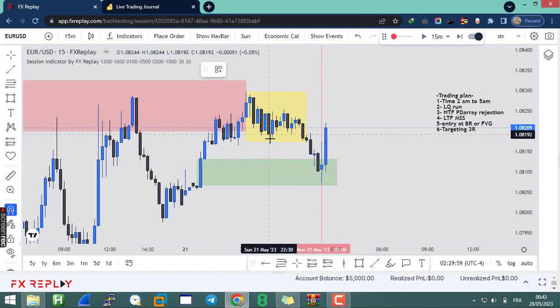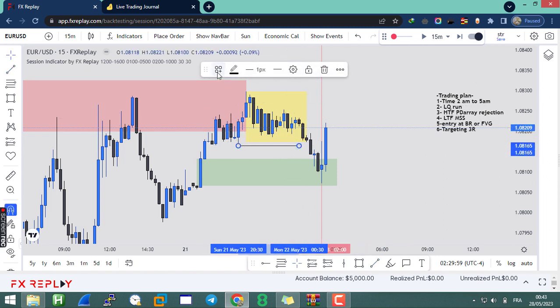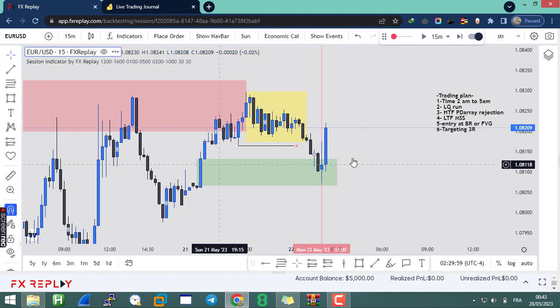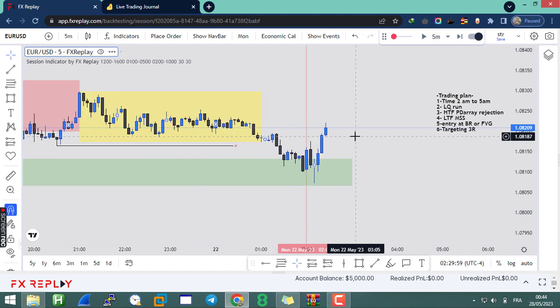There is a liquidity run, and we hit a higher time frame PD array, and there is a market structure shift on the lower time frames, as you can see here. But look at the time. The time that happened is before 2 a.m. Thus, I don't want to take this trade, even if it's a winner. I don't care, because time is not in our favor.